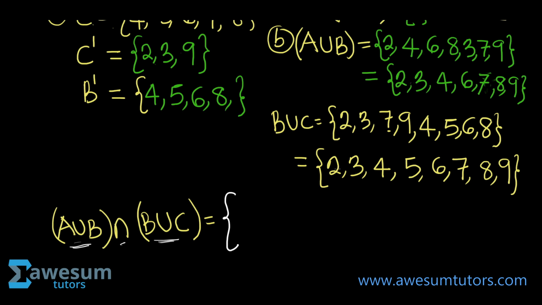2 is common. They both have 2 in common. Very good. 3 is also common. 4 is also common right there. Interesting. 5 is right here, but 5 is not here, so it is not common.